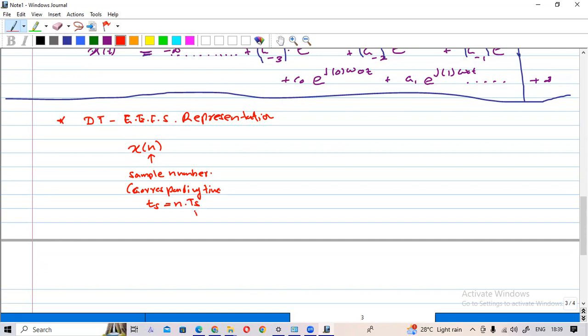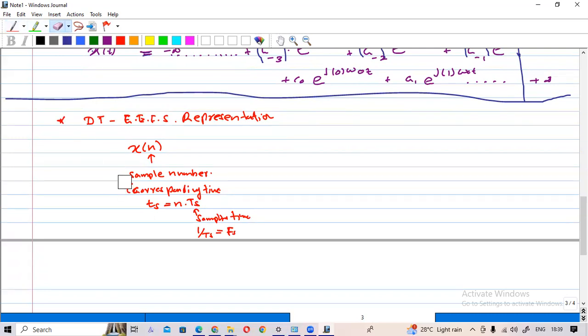This Ts is the sampling time, and the sampling frequency is 1 over Ts. We have learned all these things.